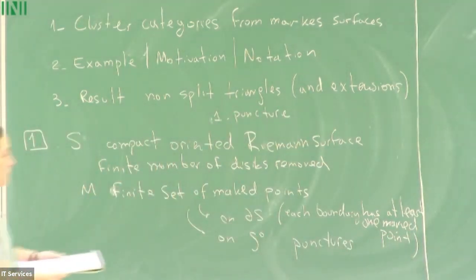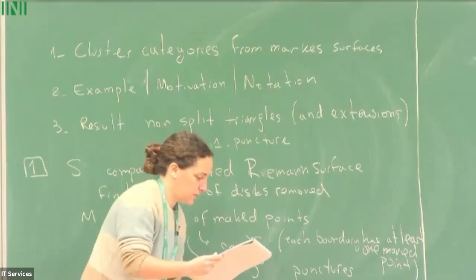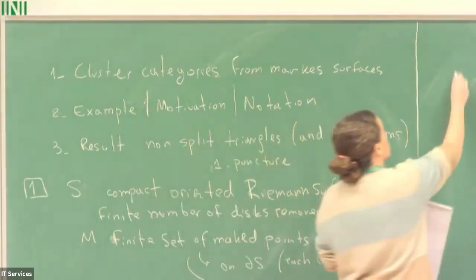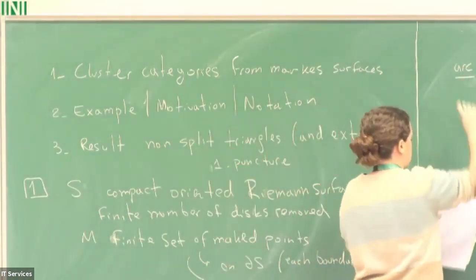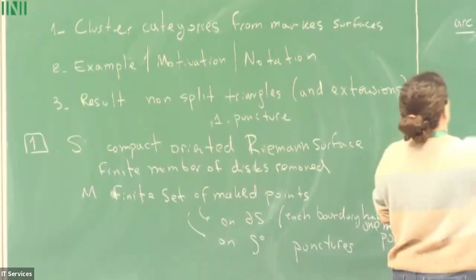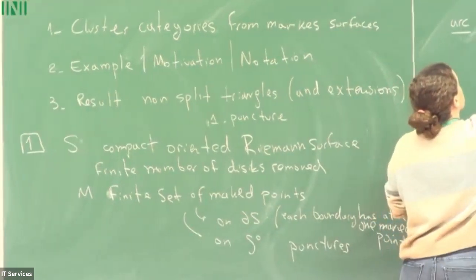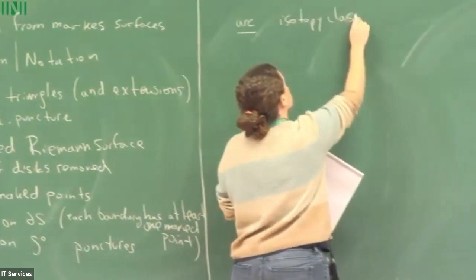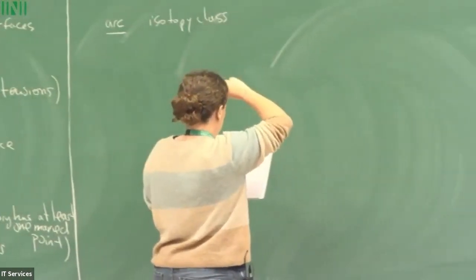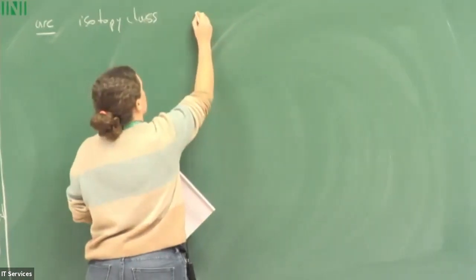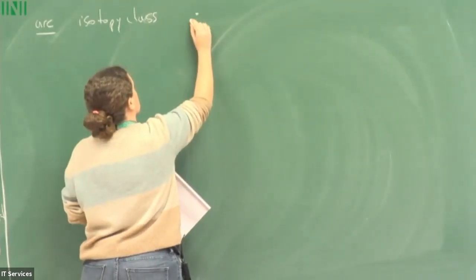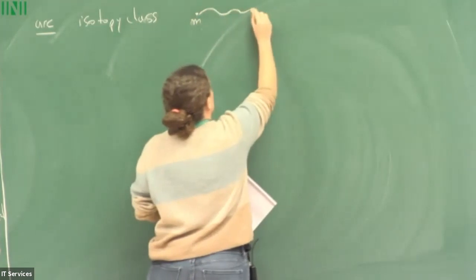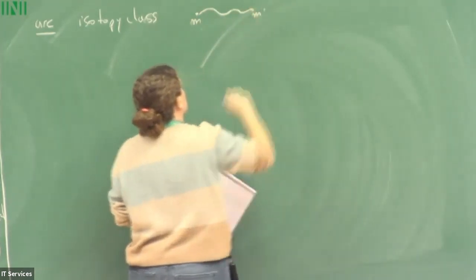And then in there we say an arc is an isotopic class of arcs, of curves, say, that start in a marked point and end in a marked point.